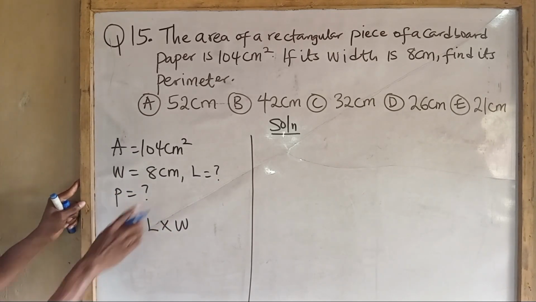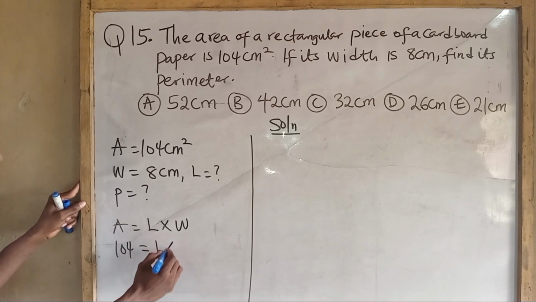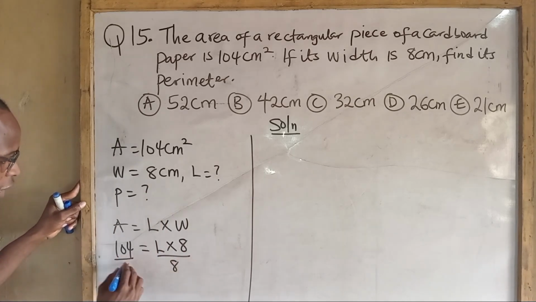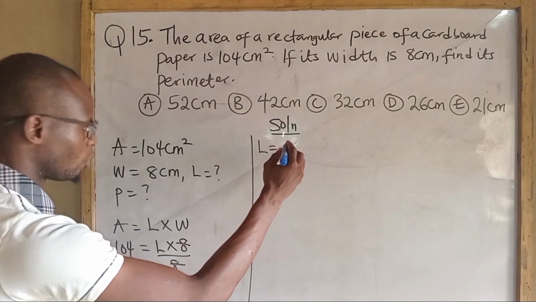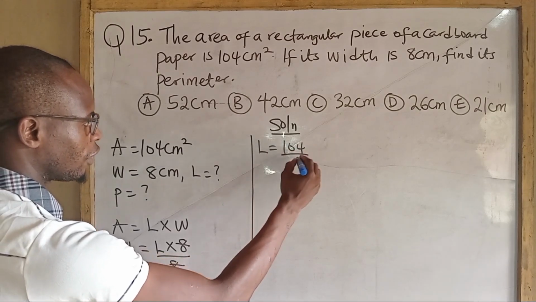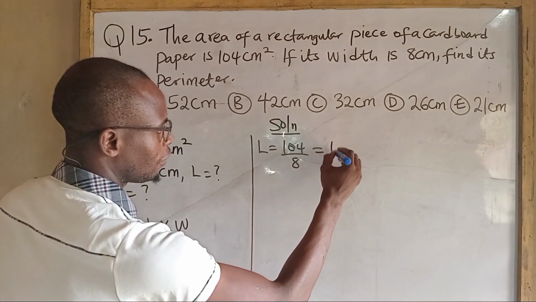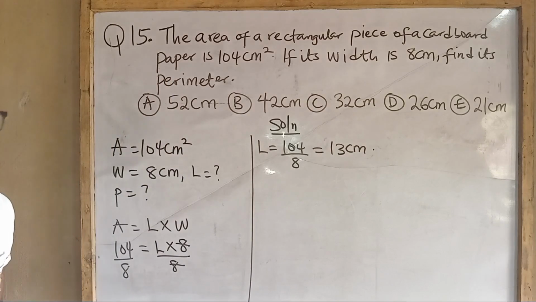So if you replace the value of area here, which is 104, it is equal to length, which is unknown, multiplied by the width, which is 8. So we divide both sides by 8. This will cancel out this. So we have L equal to 104 divided by 8. When you divide this, you should have 13 centimeters. So we've gotten the value of the length of that cardboard.